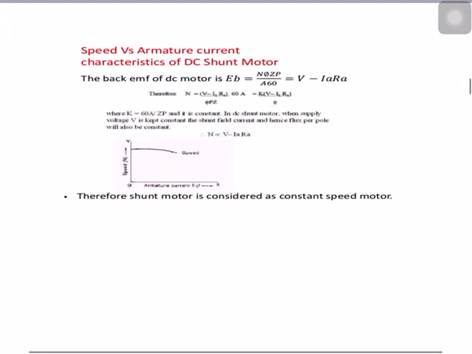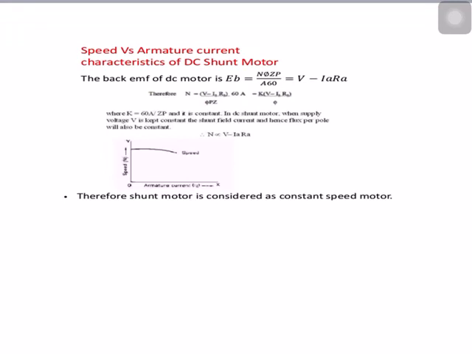Next, coming to the speed versus armature current characteristics. Here, as flux φ is assumed to be constant, N is directly proportional to EB. But as back EMF is also almost constant, the speed should remain constant.